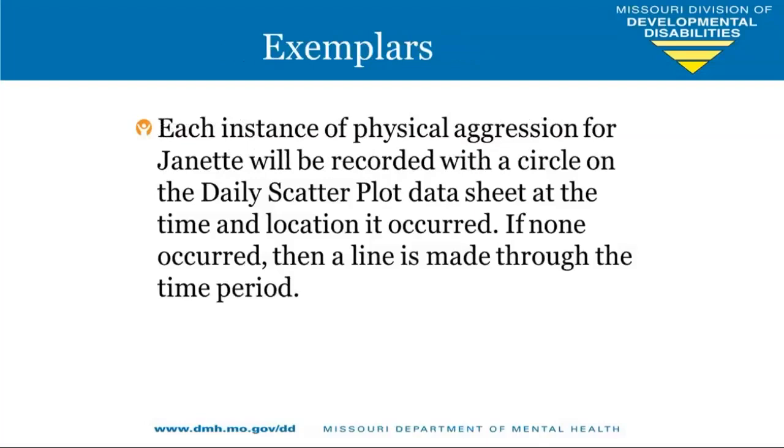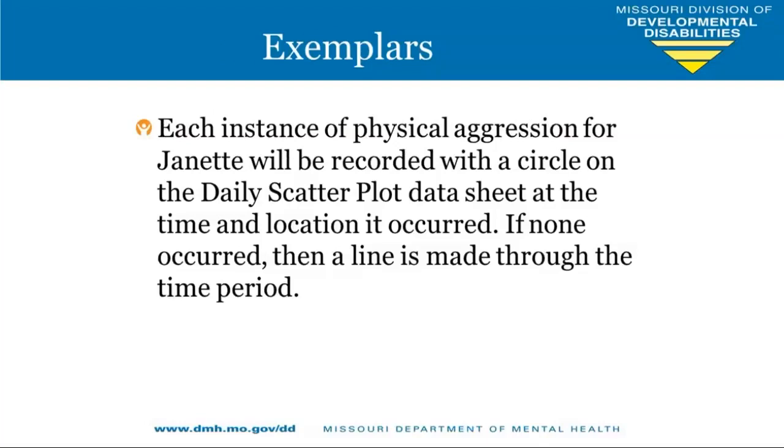So the exemplar: each instance of physical aggression for Jeanette will be recorded with a circle on the daily scatter plot data sheet at the time and location it occurred. If none occurred, then a line will be made through the time period. This does a good job of identifying how and when data should be recorded.